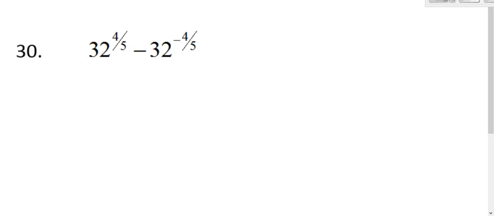Now, since we are subtracting, we'll simplify each one separately. We have 32 to the 4/5, so that's the fifth root. And we'll raise it to the fourth power. Similar here, but since it's a negative exponent, it becomes 1 over.